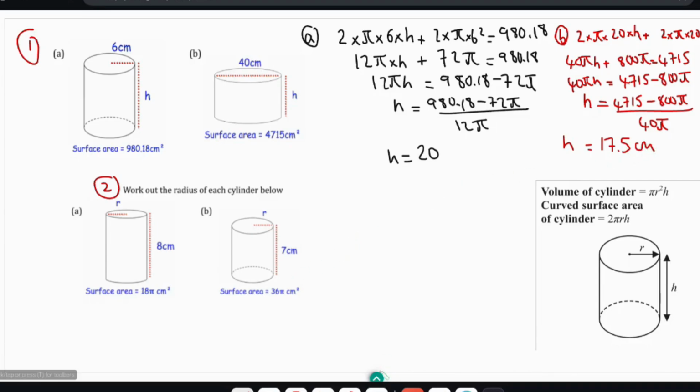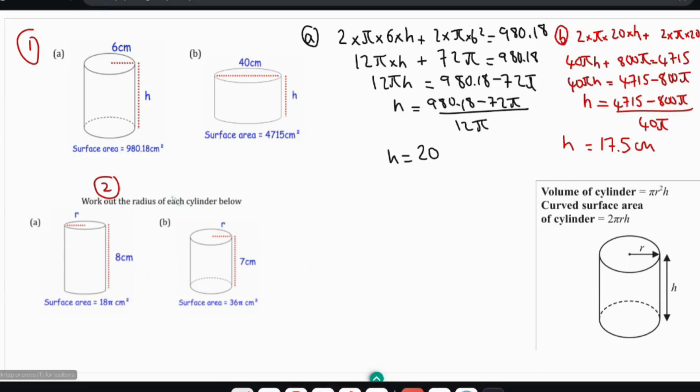Question 2. For A, we have 2 times pi times r times h, add 2 pi r squared, equals 18 pi.